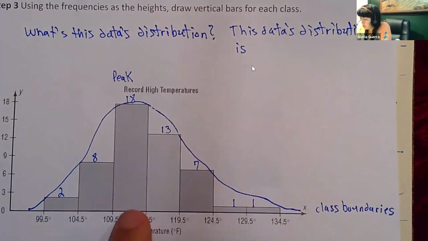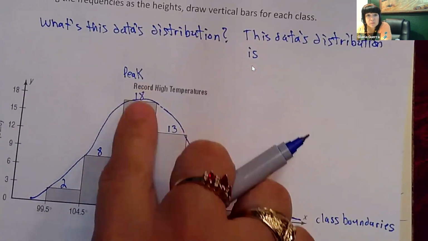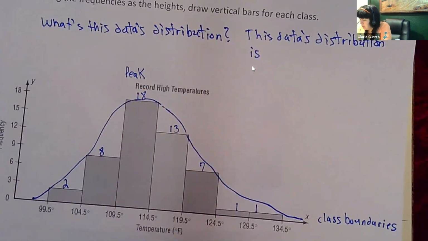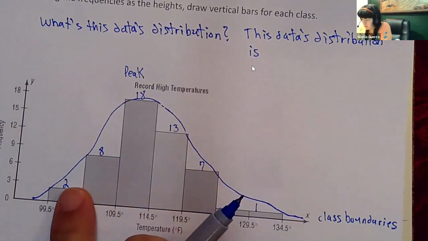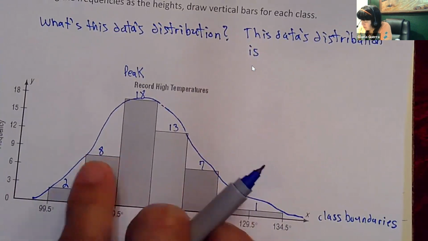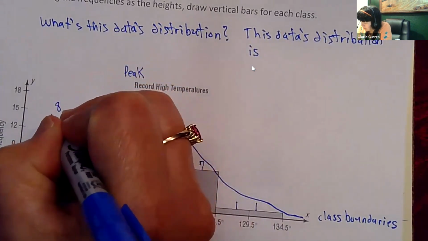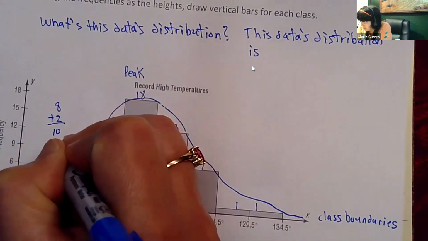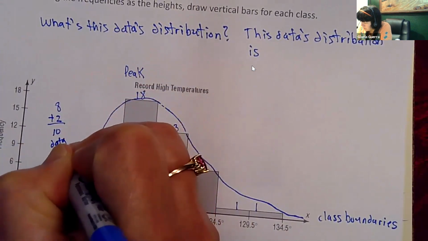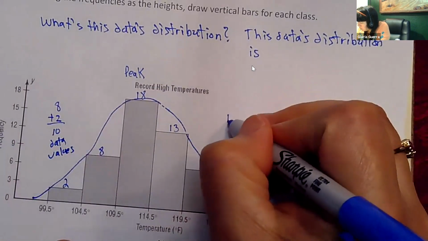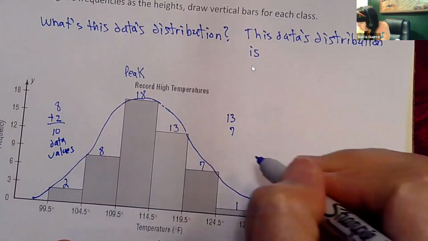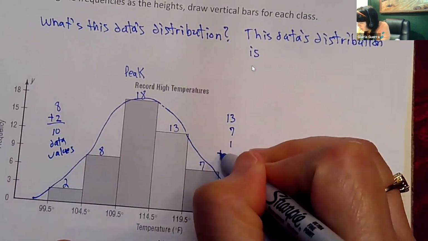And then you always take a look at the peak. So you look at the bar that's got the highest amount of data, that's your peak, and then you start studying the data to your right and the data to your left. If you notice the data on your left hand side, we've got a total of 8 and 2, total of 10 data values. But if you look on the right hand side, you've got a collection of data 13 and 7 and 1 and 1.